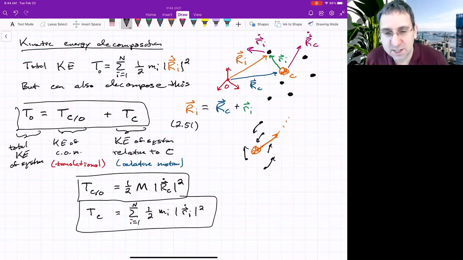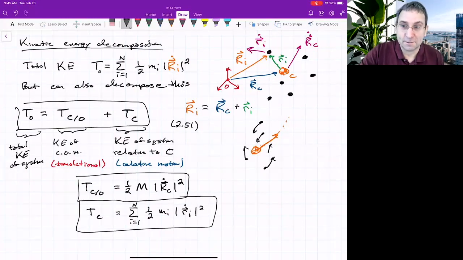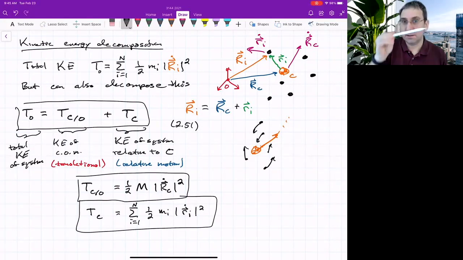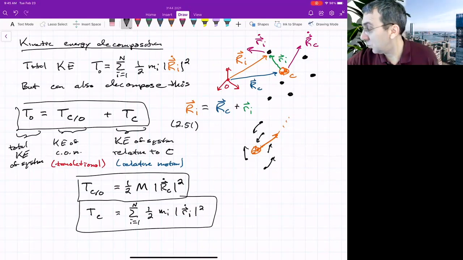Well, now we're going to make a big assumption, which is that we don't care if n is Avogadro's number, 10 to the 23rd or something. We're going to impose rigidity. And imposing rigidity leads to huge simplification. And fortunately, when we deal with metals and objects, we can assume that they are rigidly attached to a good approximation.